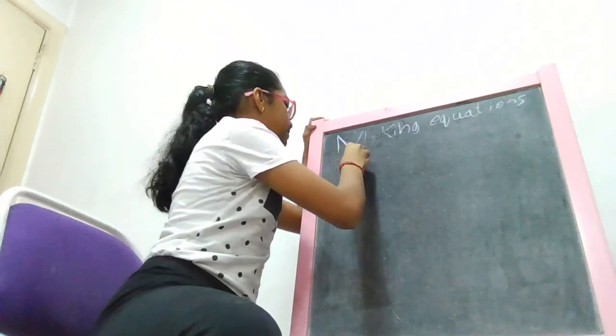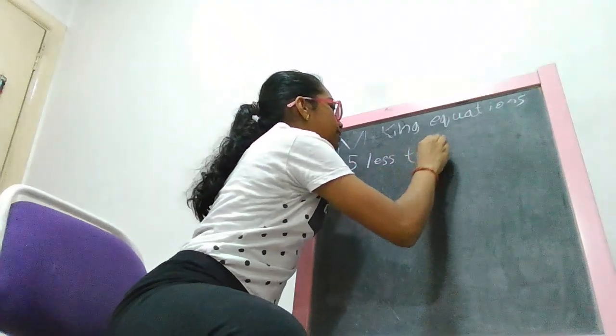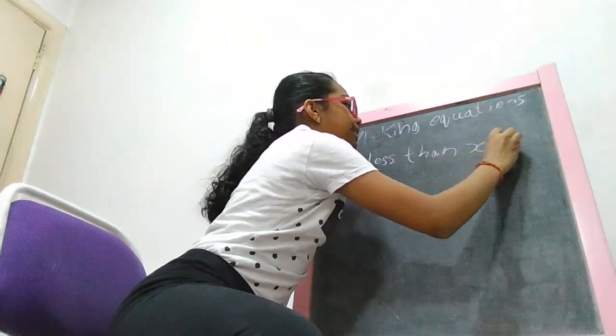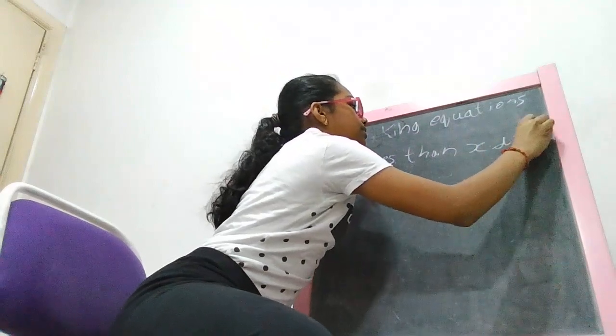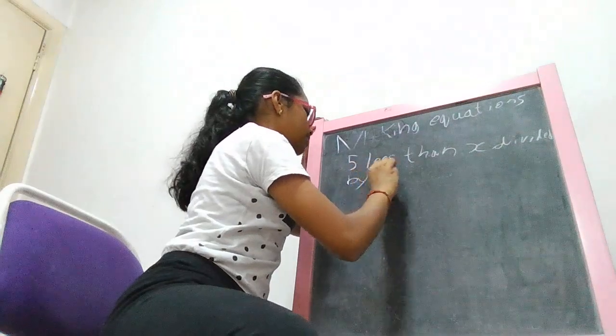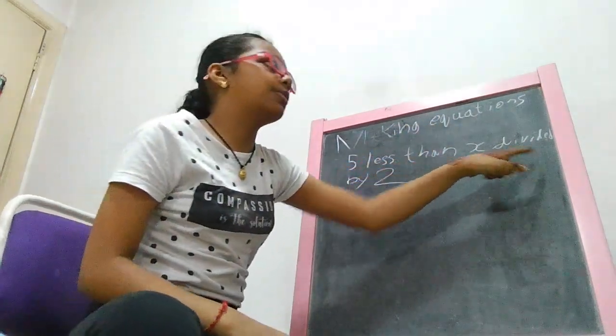I'll give you an example. 5 less than x divided by 2. 5 less than x divided by 2.